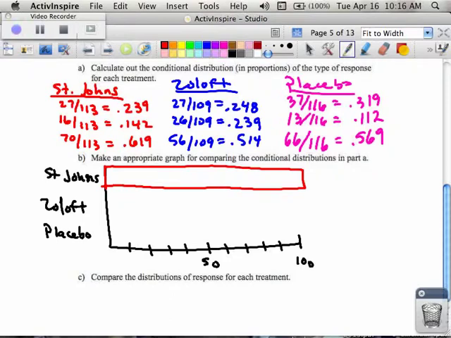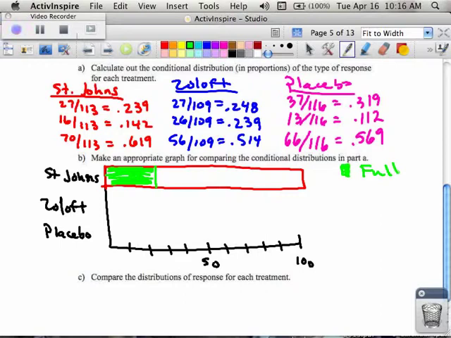Looking at St. John's and the full response, we got 24% roughly. So here's 20, here's 25, so somewhere right around here. This is a full response. Maybe off to the side I should use a color code. This is a full response.